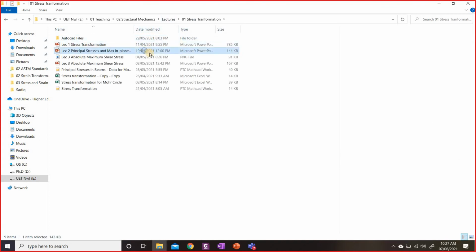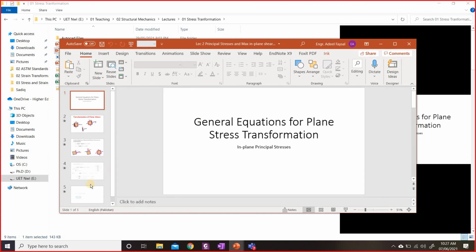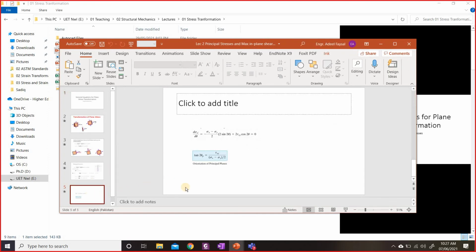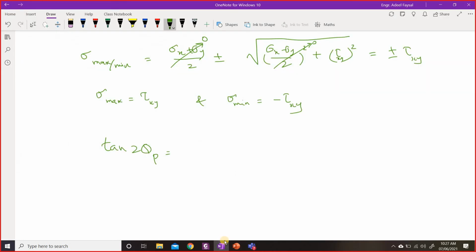Stress transformation: tan 2 theta p is equal to tau xy divided by sigma x minus sigma y by 2. We can copy this down.